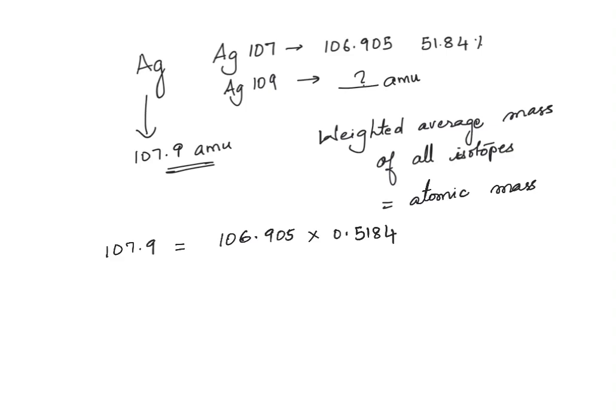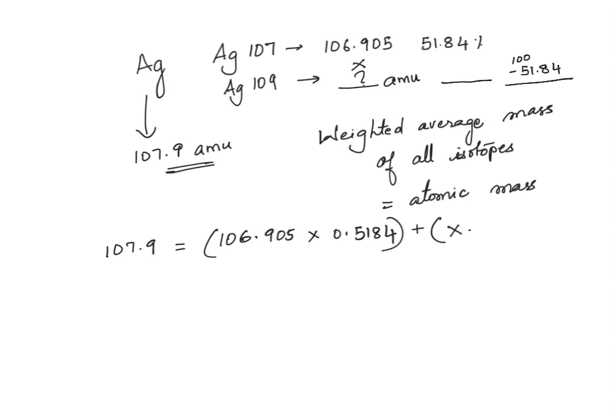0.5184, and this is because 51.84 divided by 100 because it's percent, plus, I'm just going to make this x, so x multiplied by the percent for the second one. How will you get it? You will get it as 100 minus 51.84. That will be the percent abundance of the second isotope, or natural abundance of the second isotope.